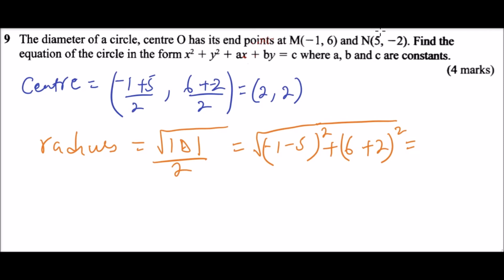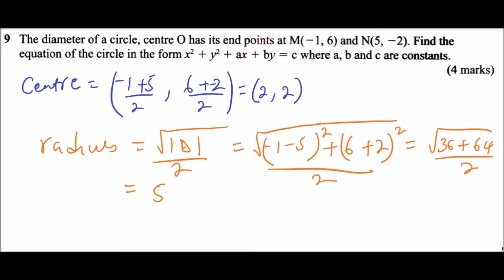So we divide by 2 to get the radius: square root of 36 plus 64, divided by 2, and that should give you 5, because 36 plus 64 is 100, square root is 10, and 10 divided by 2 is 5.